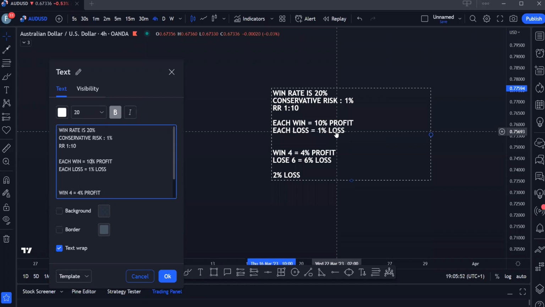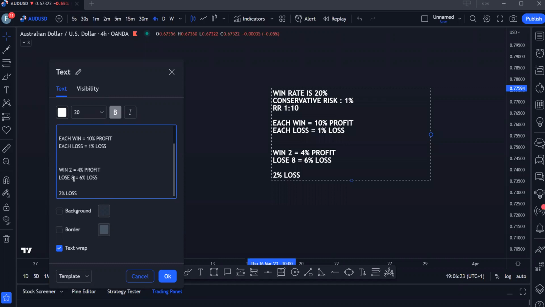So in this example, your win rate is 20%, your RR is 1 to 10. That means each win would produce 10% profit, and each loss would give you 1% loss. Your win rate is 20%, so you win 2 trades and you lose 8 trades.